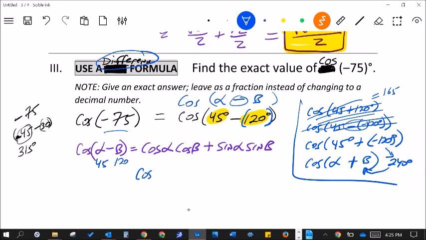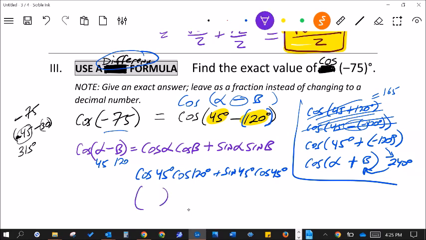So we have the cosine at 45 degrees, cosine at 120 degrees, plus the sine at 45 degrees, and the sine at 120 degrees. Well, let's use the unit circle. Cosine at 45 is square root of 2 over 2. Now, cosine at 120, that's in the second quadrant, so we get a negative answer for that one.